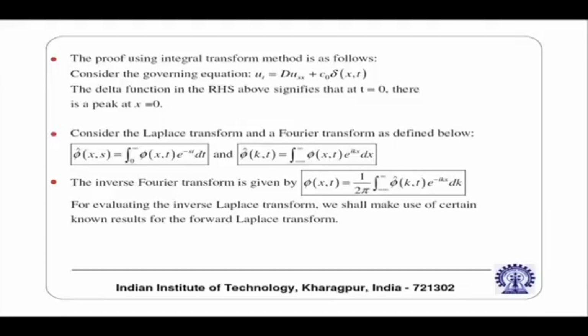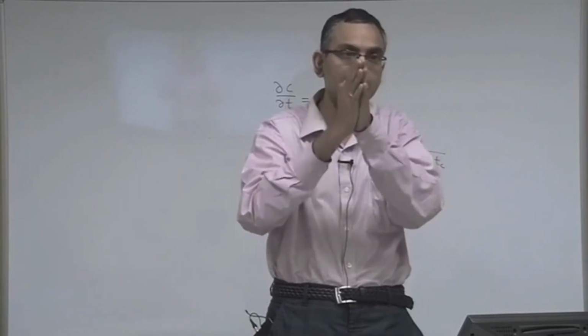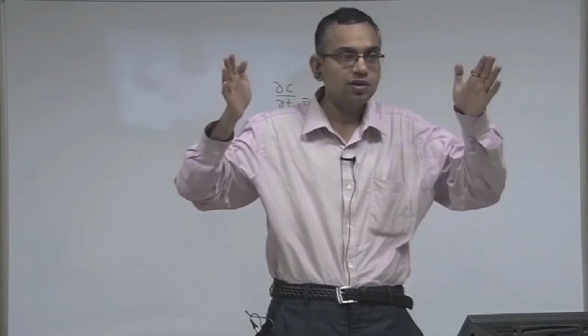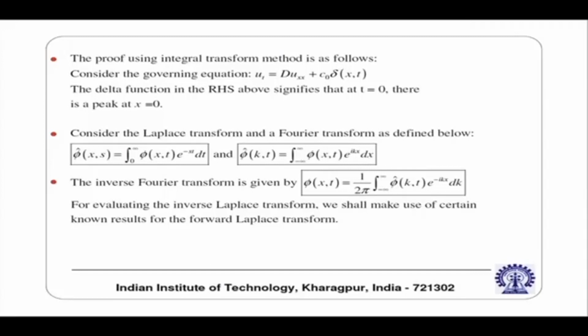The delta function signifies that this delta is the delta_0 basically. So, at x equal to 0 there is a peak. Concentration wise basically you introduce the solute at a given x, let us say x equal to 0, and then it will spread in the solution as you allow time to grow, that is what is physically happening.